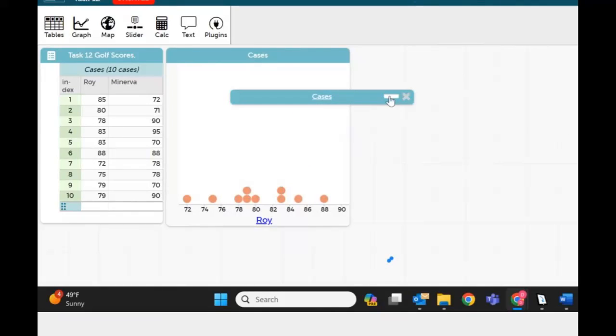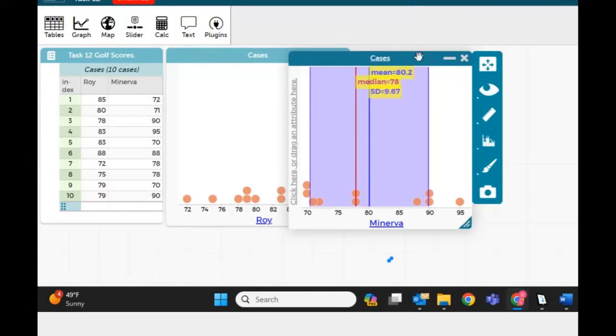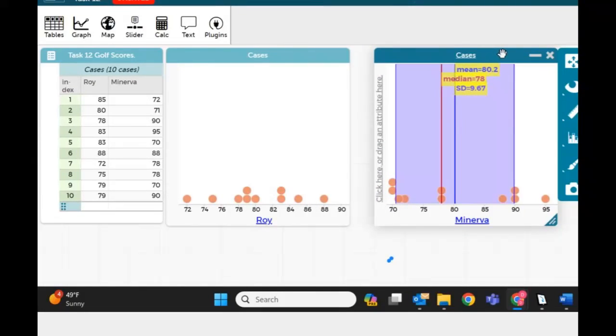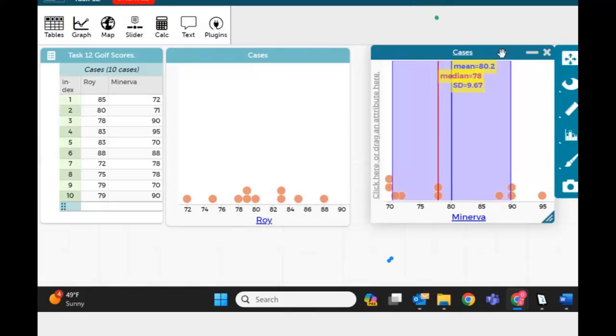Now, do you remember what percentage is within one whole standard deviation? It is about two-thirds, 66.6%, so we basically say about 67%.